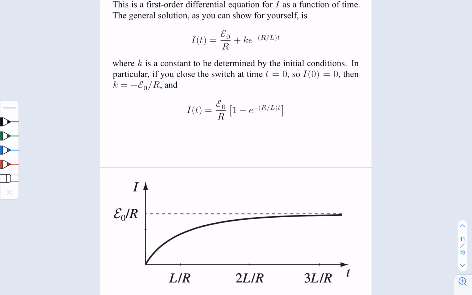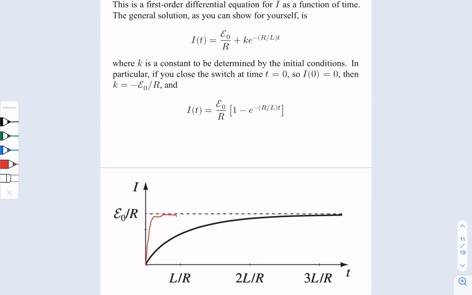There is a time window in which the current increases gradually, and the rate of this increase is determined by R over L, and the characteristic time it takes is L over R. Imagine that you take the limit where the inductance goes to 0, then it will be a sharp function like this, which means that if the loop doesn't have any inductance, then the current will turn on instantly.